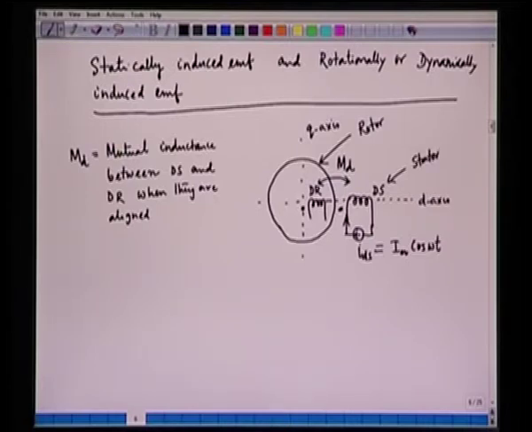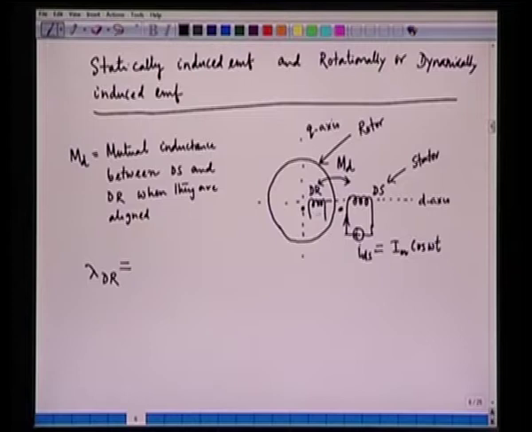And when this is having this current Im cos omega t, what about the flux linkage? We are finding out the flux linkage lambda DR, the flux linkage with D axis rotor, that is winding DR. The rotor is not carrying any current, rotor is open circuited.